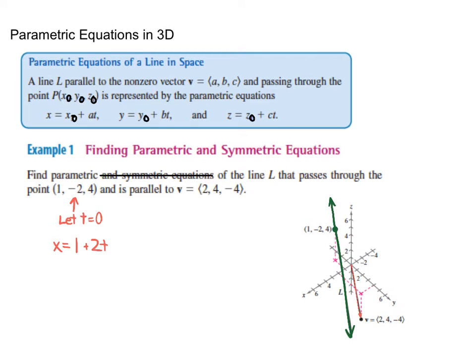Now I got the 2 from right here. So every second, or every unit of time, my x is going to increase by 2. Okay? That's all there is to it. The y is starting at -2, and every unit of time it's going to increase by 4.